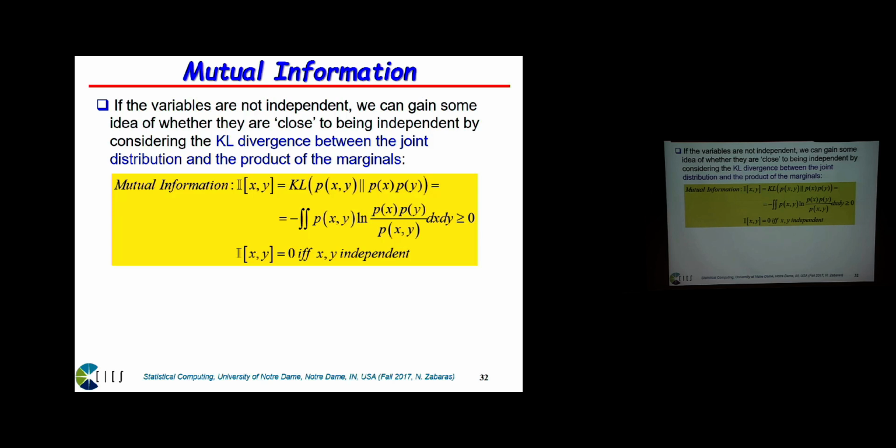What's the measure we use to call two variables uncorrelated? The covariance or the correlation coefficient, normalized covariance, okay? Well, uncorrelated doesn't imply independence, as we talked. So if you really want a measure of independence, that measure is what is called mutual information.